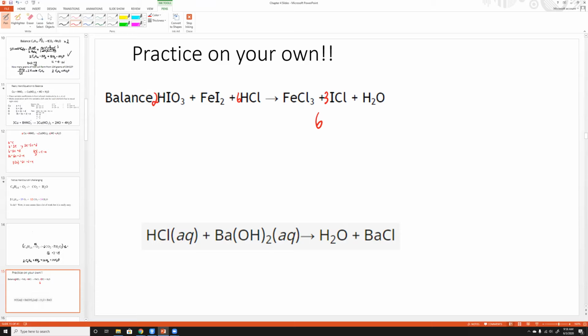Not guess, but educate. If we put a 2 there, 2 times 3 is 6, that's for the oxygen. Here you would have a 6 there. Oh, wait a minute. Did we forget to balance oxygen? That's why it looks weird. We forgot to balance oxygen.